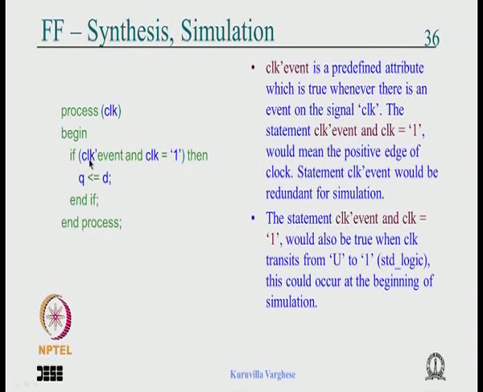Another problem here is that when you say clock tick event, it could mean any event. It is not only 0 to 1, because we use standard logic, and an example is that when you start simulation, normally everything is initialized as U if it is not initialized properly. So it may happen that the clock is flagged as U, and when you start applying the clock it transitions to 1 or 0. If such a thing can happen, then a U to 1 transition is a valid condition and this can get latched.